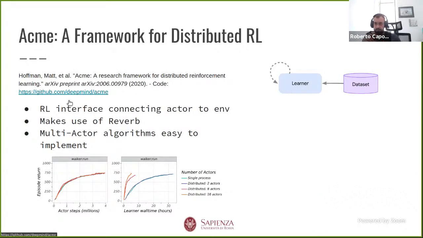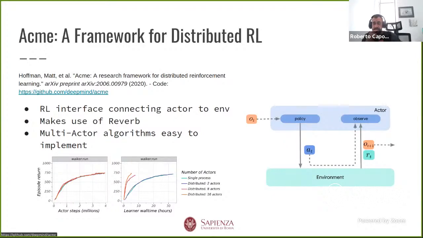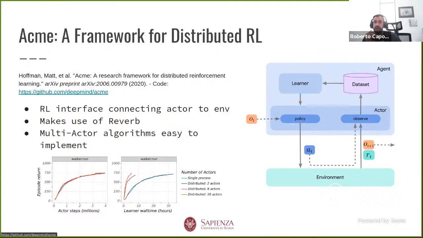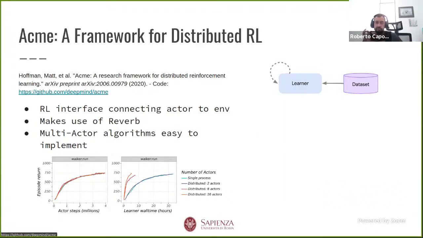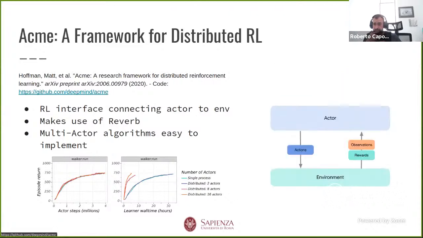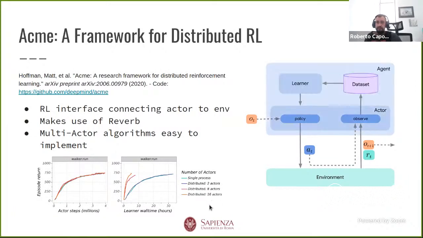Again, they're releasing most of these things. And this Acme is nothing else than a reinforcement learning interface that connects an actor to an environment. If you use Acme, it's very easy to implement a multi-actor algorithm and scale up the number of actors to 2, 8, 16 in a truly distributed or locally distributed fashion.